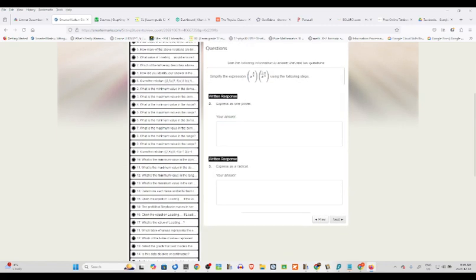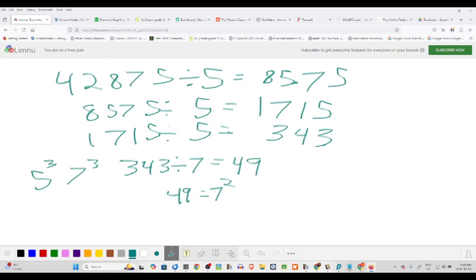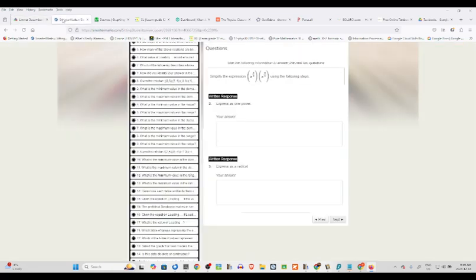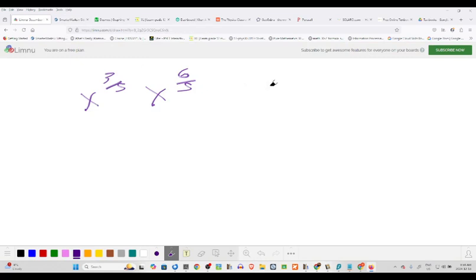Here, we want to simplify this expression, first expressing it as a single power. Okay, let's take a look at x to the 3 over 5 times x to the 6 over 5, I believe we had. Yeah. So when we have power times power with the same base, we add those.